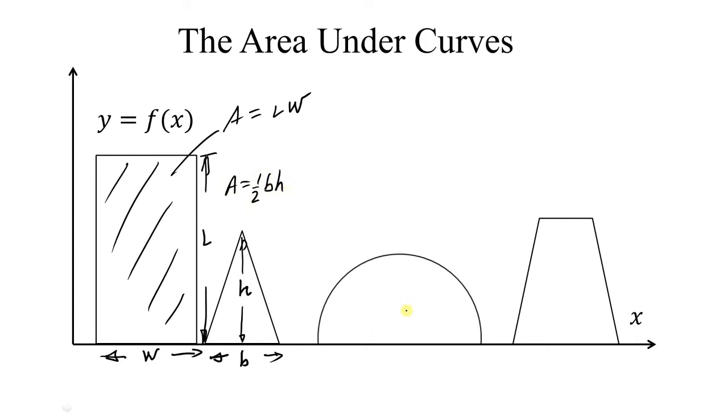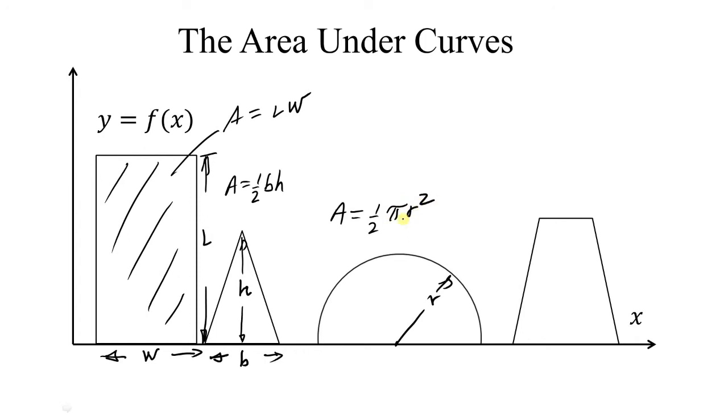Next, we have a semicircle, and if the semicircle had a radius of r, then you could see very clearly that the area would be 1/2 the area of a circle, which is 1/2 pi r squared.